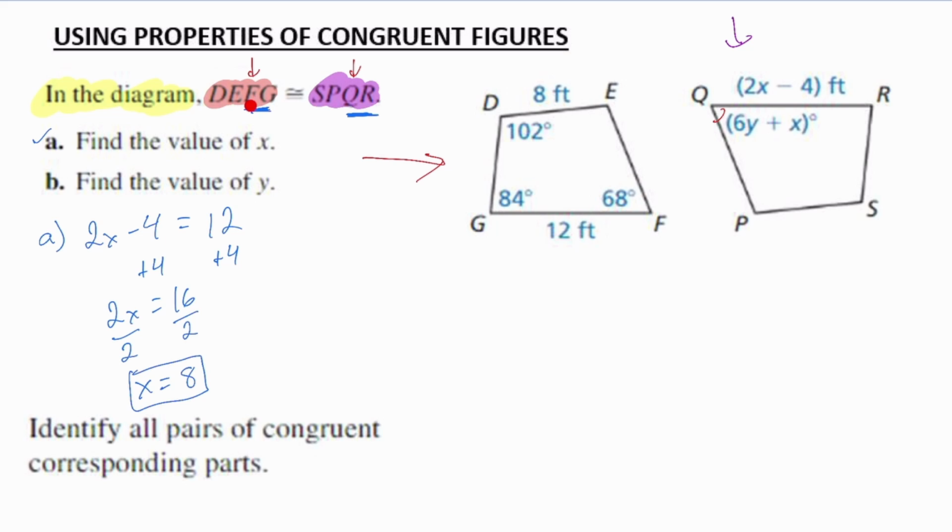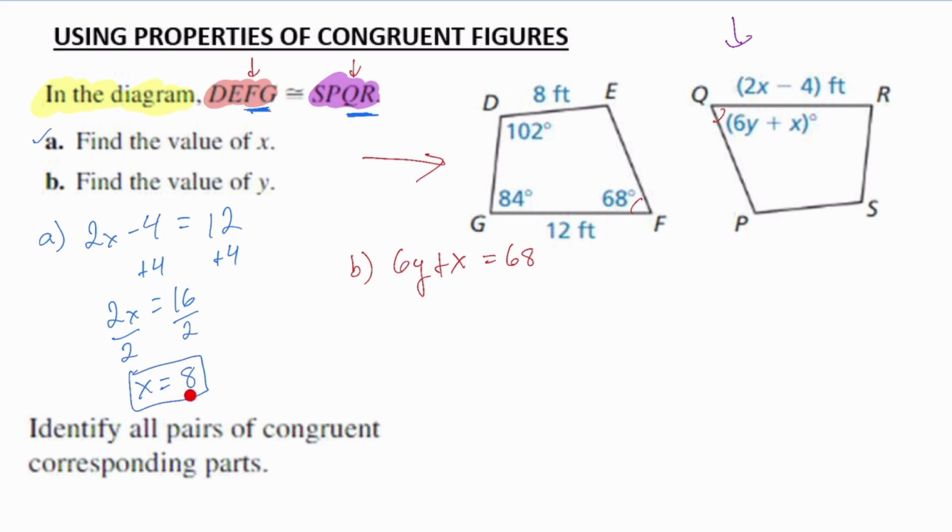So DEF is in the 3rd spot, SPQ is also in the 3rd spot. So again, the order on these congruent statements matters. So F and Q are going to be the 2 congruent angles. And I know that F here is 68 degrees. So for part B, I can set this up as 6y plus x is equal to 68.